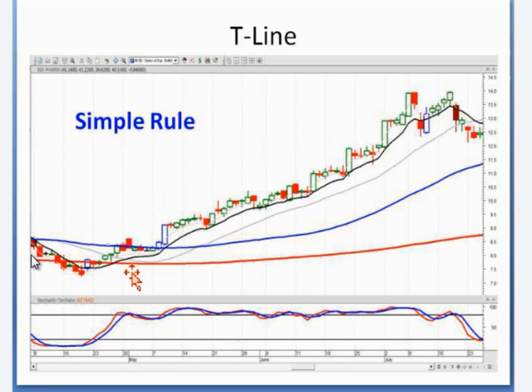Then you apply the two together, you've got the graphic depictions of human nature, you've got a natural support and resistance level with the T-line. When you put those two together, you've got a very strong combo of how to analyze a market trend or a price trend with the sophistication of somebody that's been trading for 50 years.